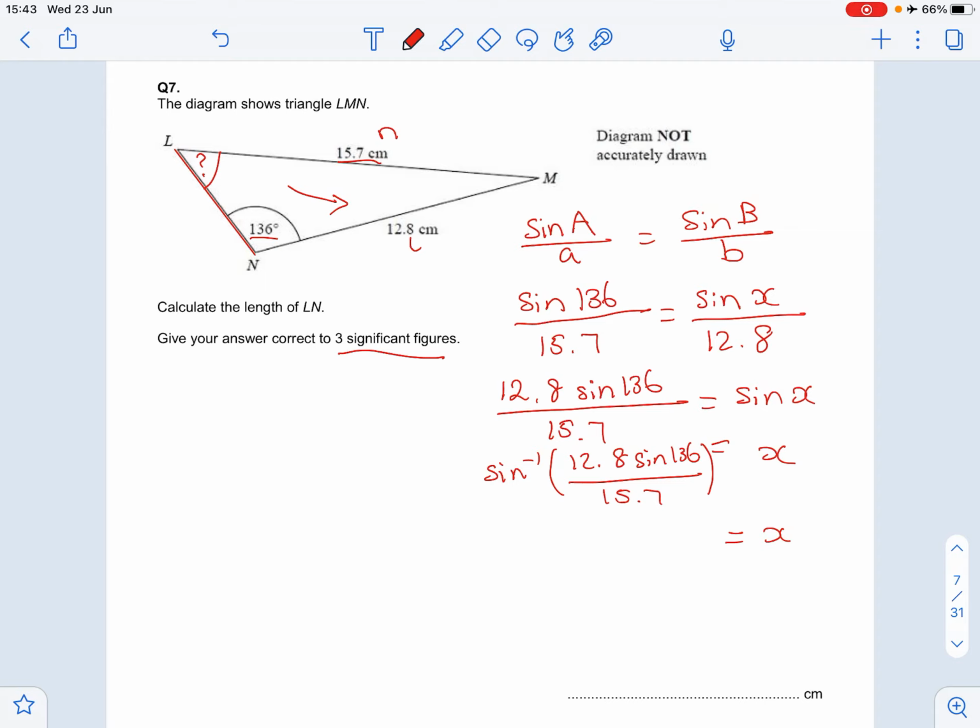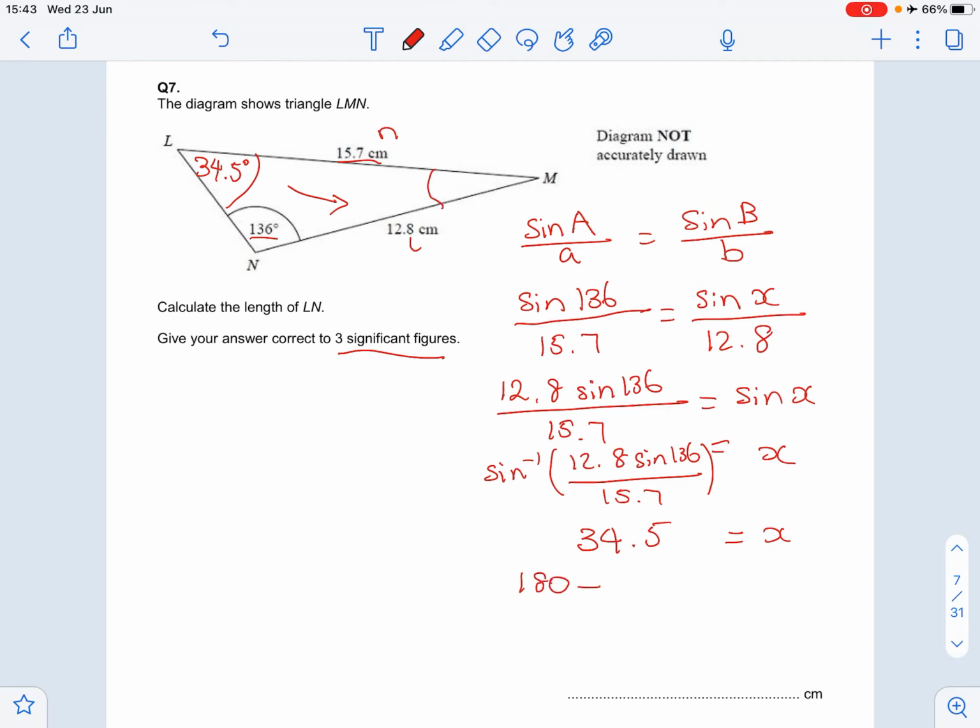So we know this angle is 34.5. I just found out this angle here is 34.5. What do we know about angles in a triangle? They add to 180.